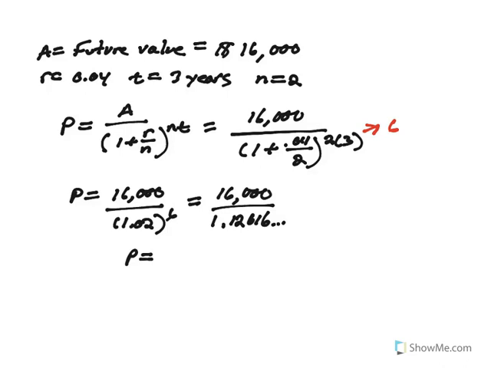Okay, so this is your amount. This is what it will take. It's what your principal would be. This is what would have been the initial principal, with a 4% interest rate over 3 years. Obviously, it's going to be less than 16,000.